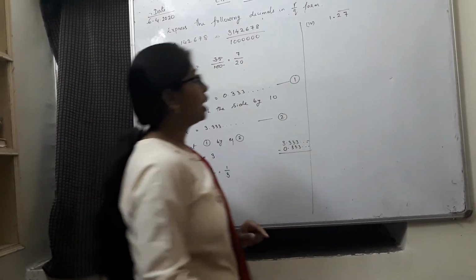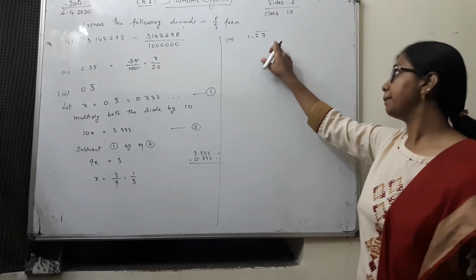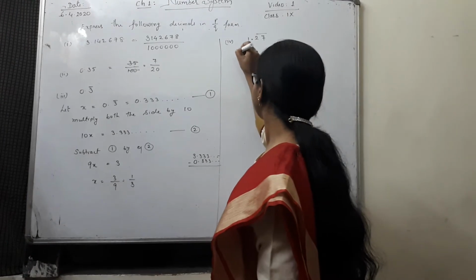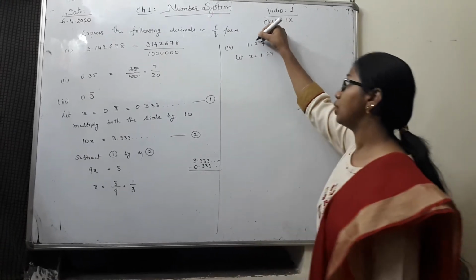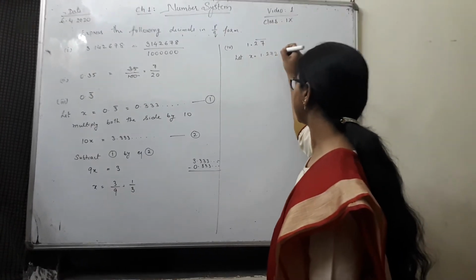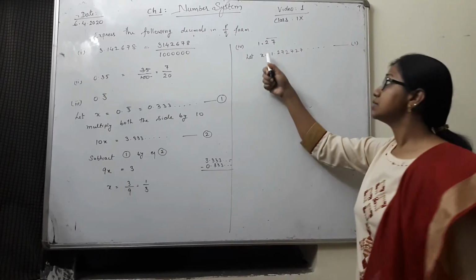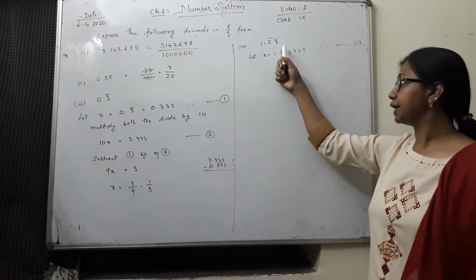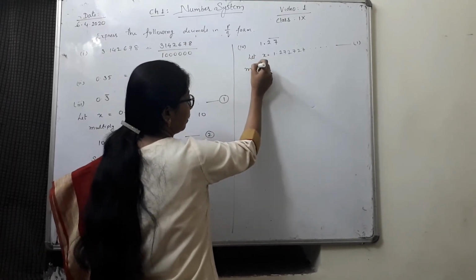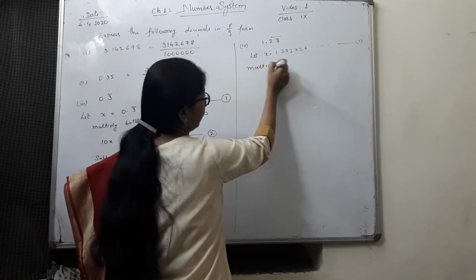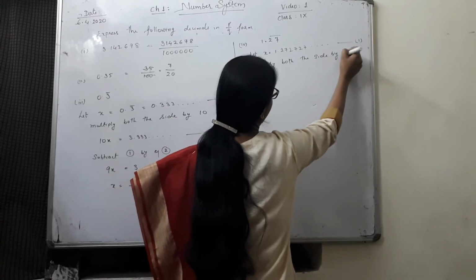Systematically note this down. Now check another question, 1.27 bar. Let x be equal to 1.27 bar, the bar is on 2 and 7, that means 27 is repeating, 27, 27 and so on. Make this equation number 1. Since after the decimal 2 digits are repeating, we'll multiply both the sides by 100.